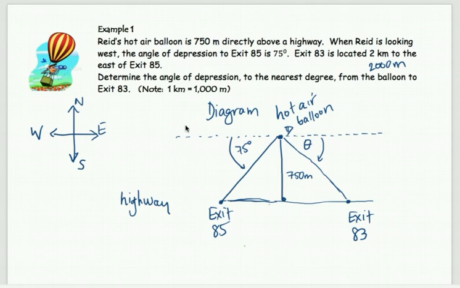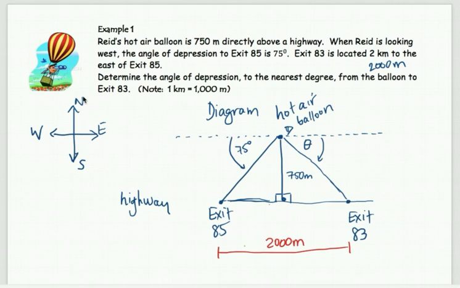Okay, so some other things to add here. Since we know this hot air balloon is straight up from the highway, we know this will be 90 degrees there. Oh, we forgot to write this distance from exit 85 to exit 83 is 2 kilometers or 2,000 meters. And what else do we need here?